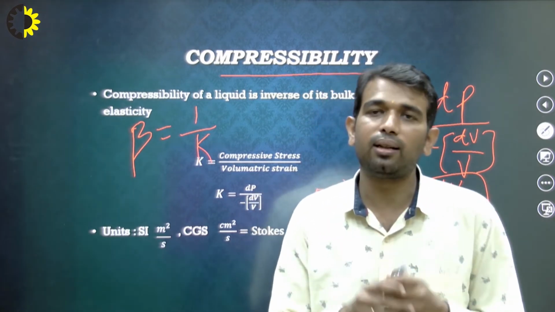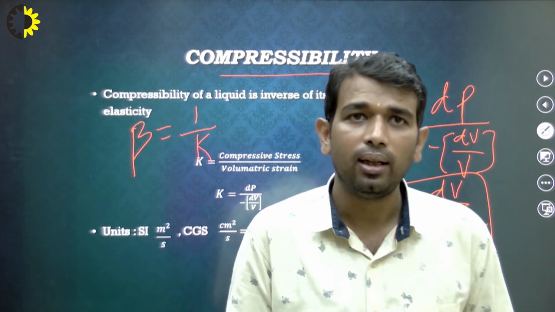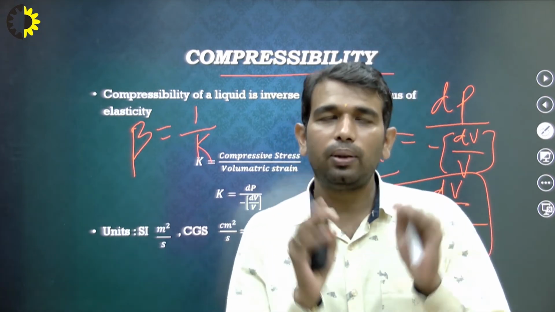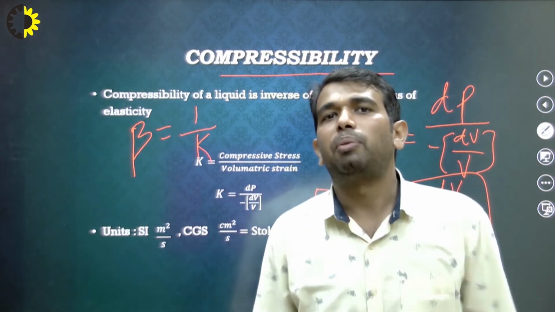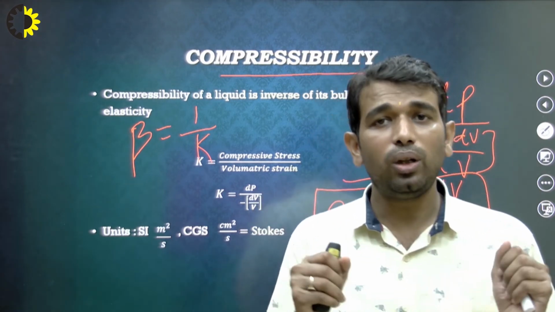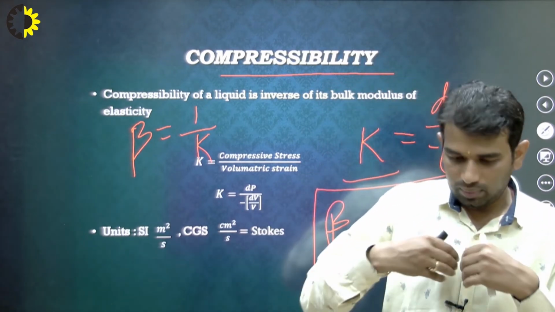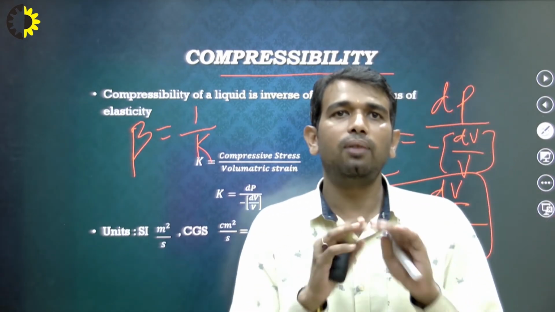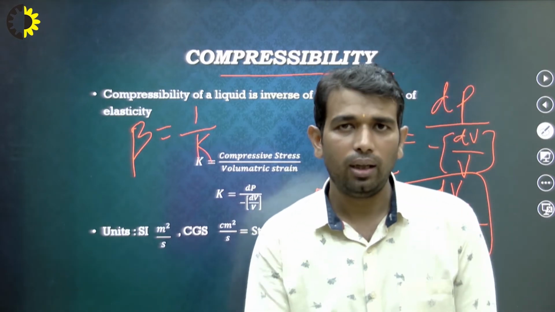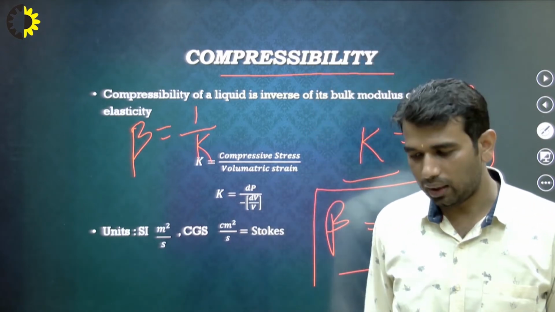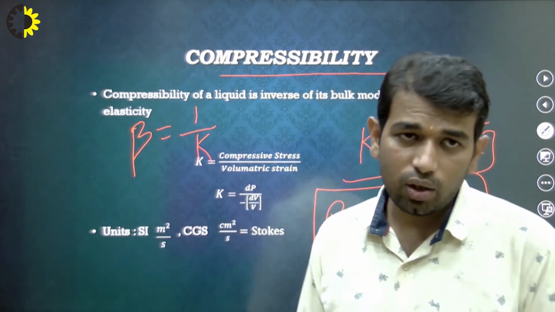That is the basic understanding of compressibility. By the name itself you can understand that when you apply pressure on the substance, it is going to compress. If the compressibility is high, you can easily compress. If it is low, you have to apply much more pressure to compress the fluid. It is just the reverse of the bulk modulus. We come across the bulk modulus in solid mechanics.